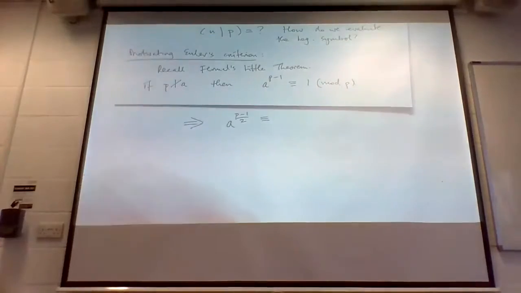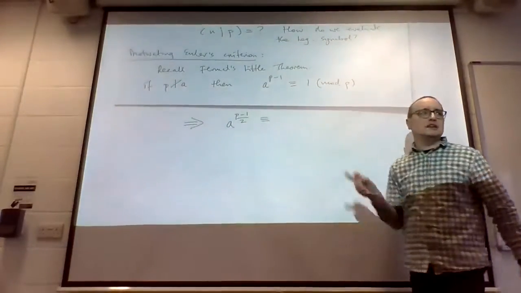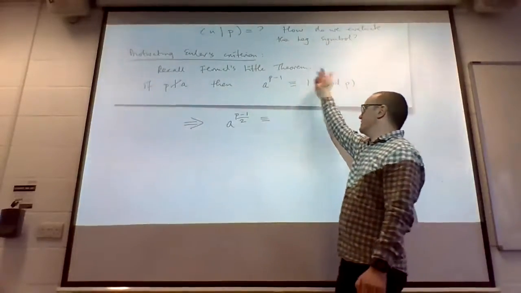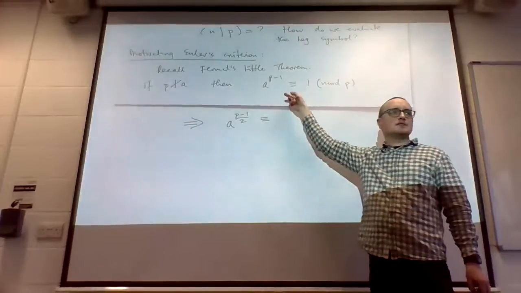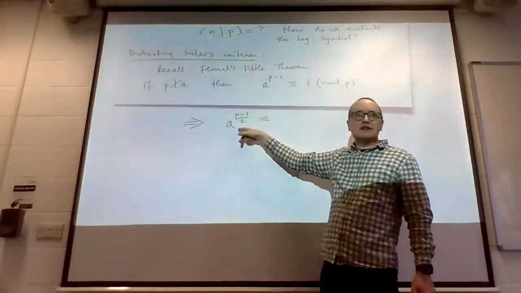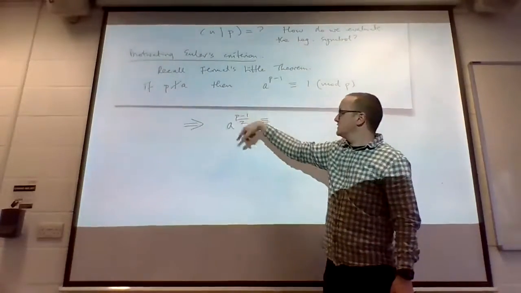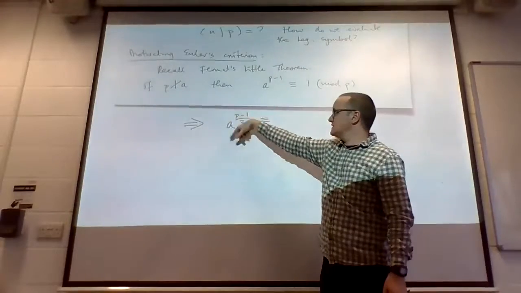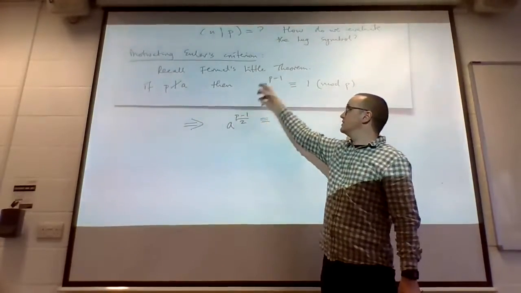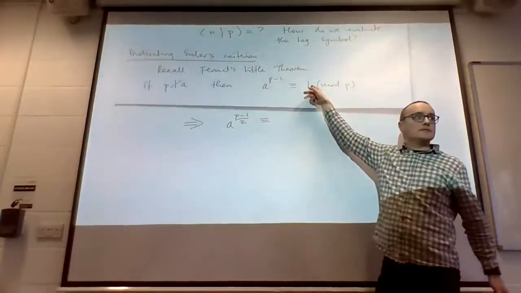Well, what are the possibilities for this thing modulo p? You can think of it as effectively taking the square root of both sides. If you take this thing and square it, you get back to a to the power of p minus 1. If you raise this to the power 2, the 2 multiplies this, so it cancels the 2, and you're back to a to the power of p minus 1. So when you square this, you get 1.